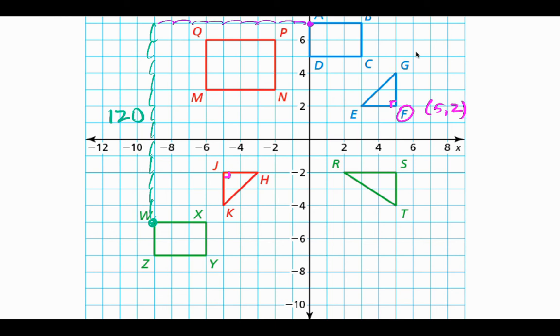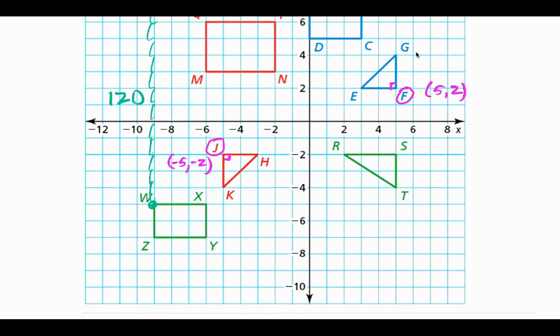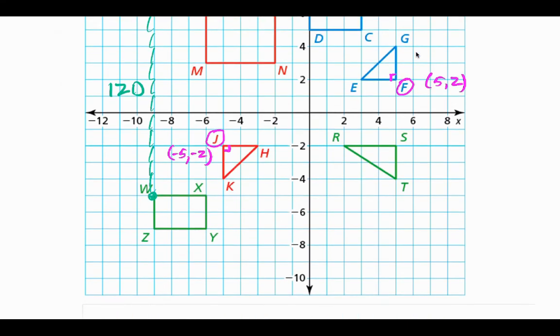All right. So now if we look, the corresponding right angle on the other one is J. And let's see what that one is. It would be going negative 5, and down negative 2. So we'll have negative 5 and negative 2 for this one here. And if we look at that, what's that going to be? Well, we know it's going to be a rotation.